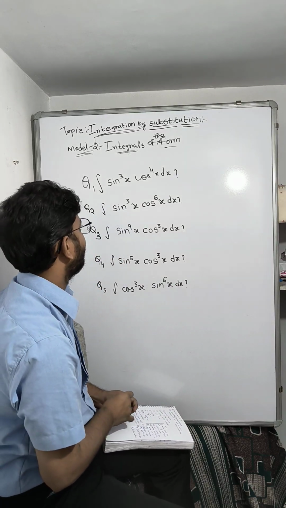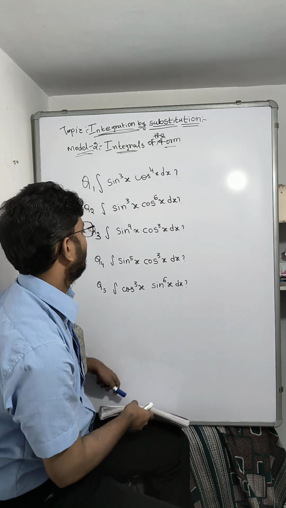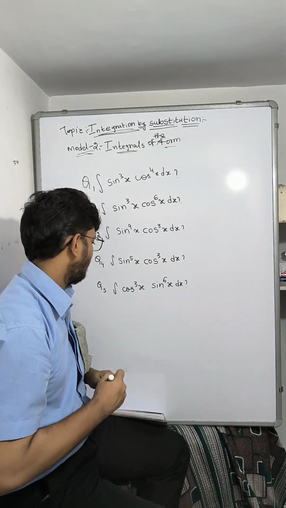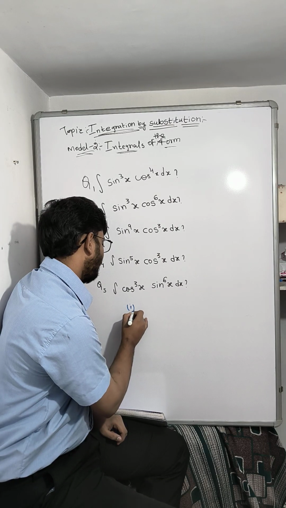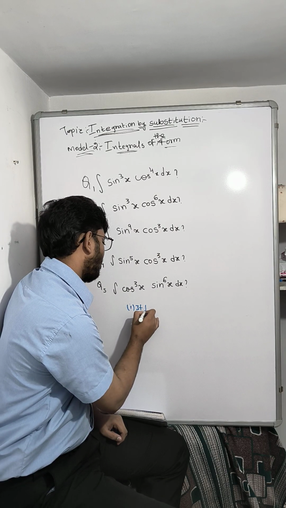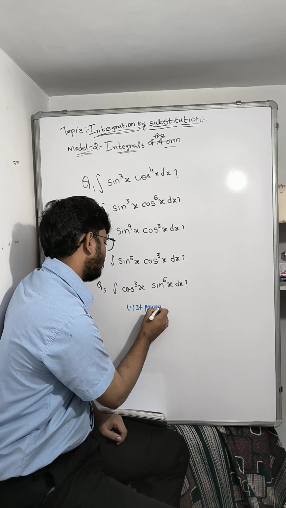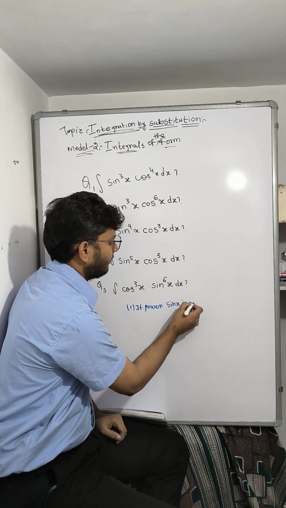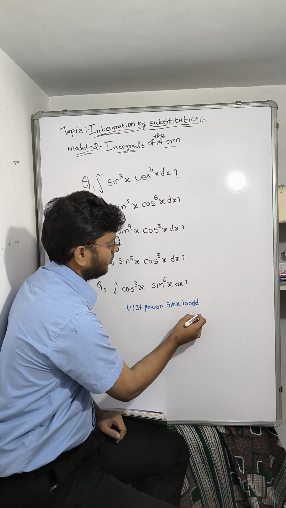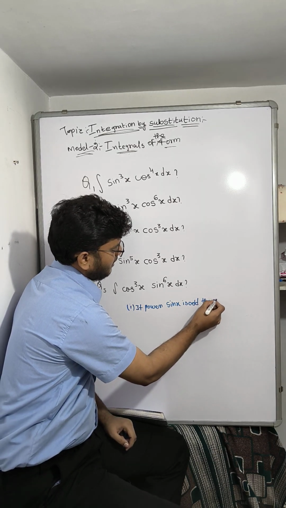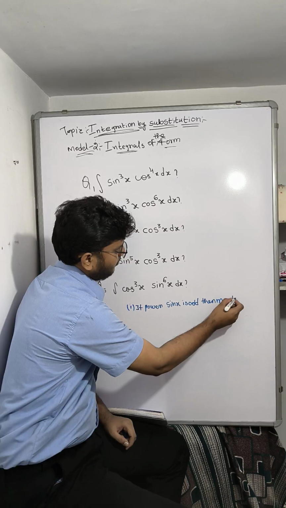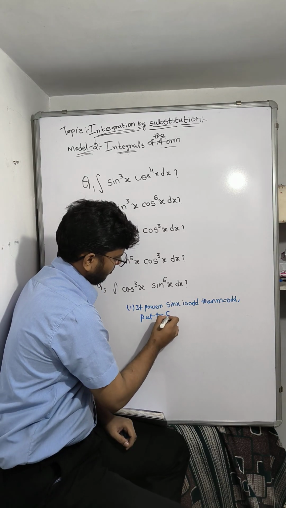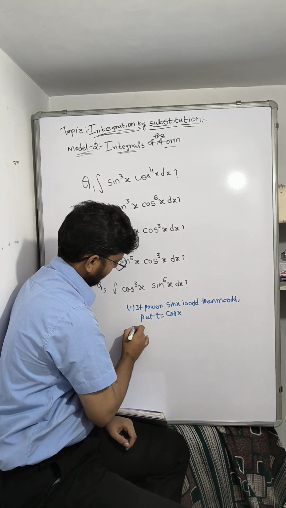Now we have to identify t. We know the 3 conditions. First condition: if the power of sin x is odd, then m is odd, then put t is equal to cos x.